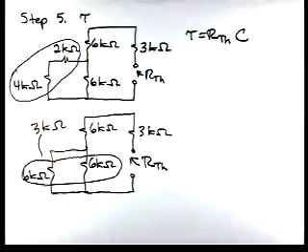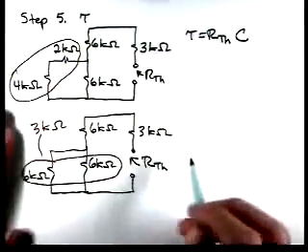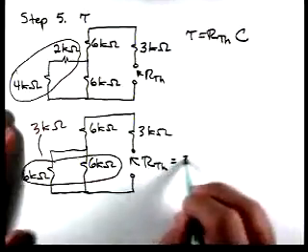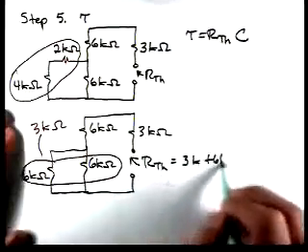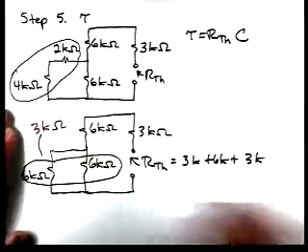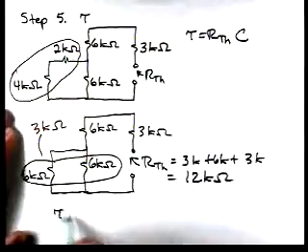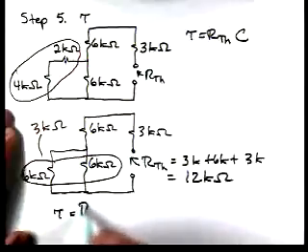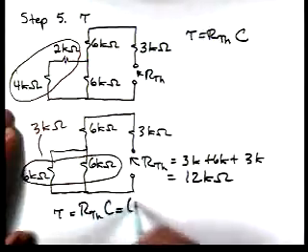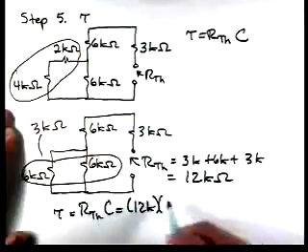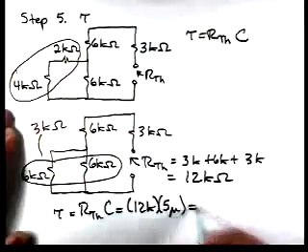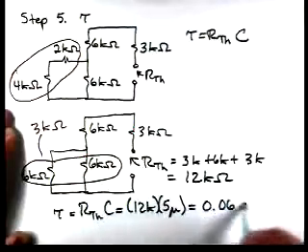So then R Thevenin turns out to be 3K plus 6K plus 3K, or 12 kiloohms. Then our time constant is R Thevenin C, so we have 12K times 5 microfarads, which gives us 0.06 seconds.